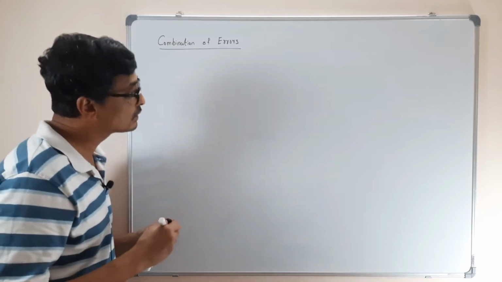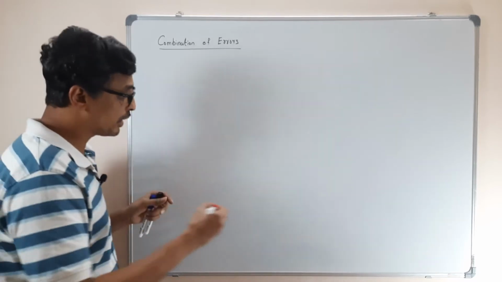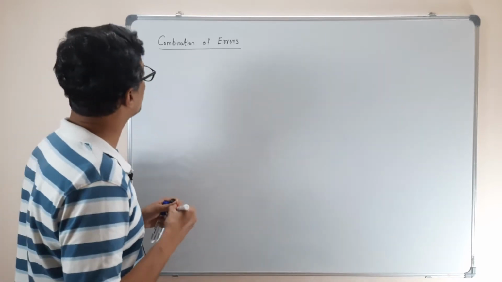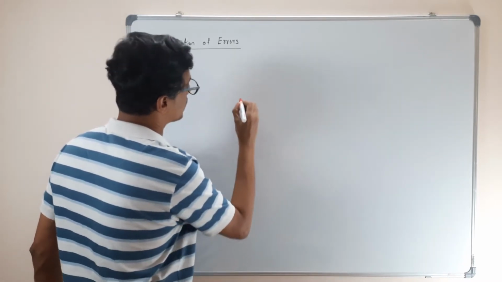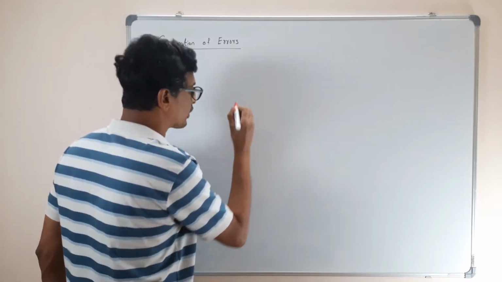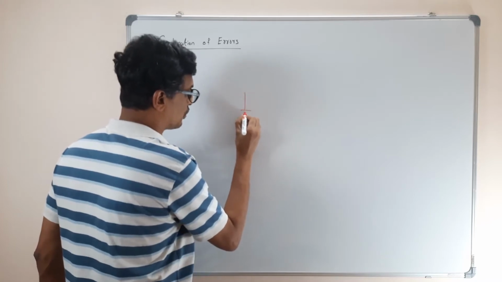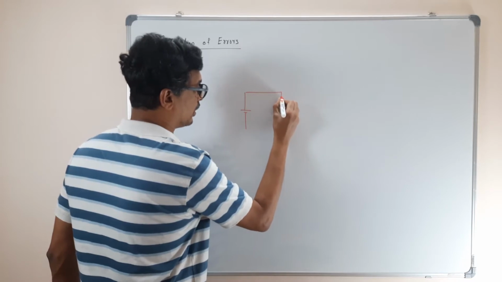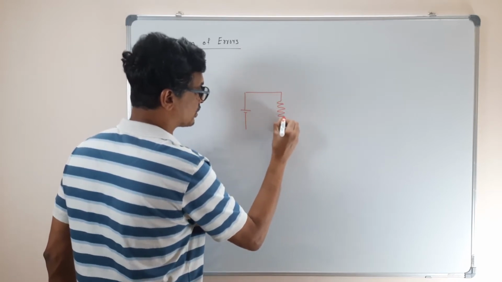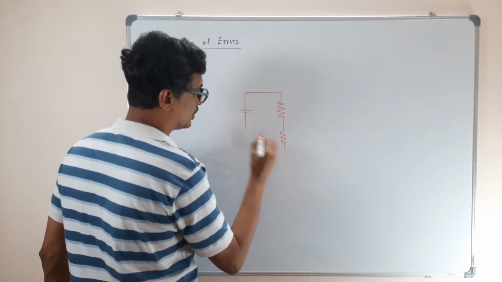let us think of an experiment. I'm trying to take some experiment which is given similarly in your book. I am going to consider an electric circuit, and I'm going to have two resistors, something like this.